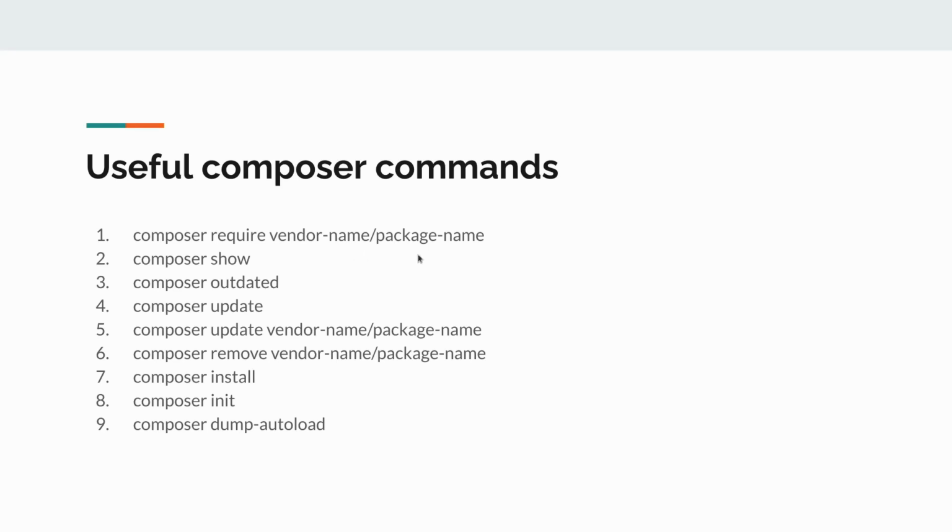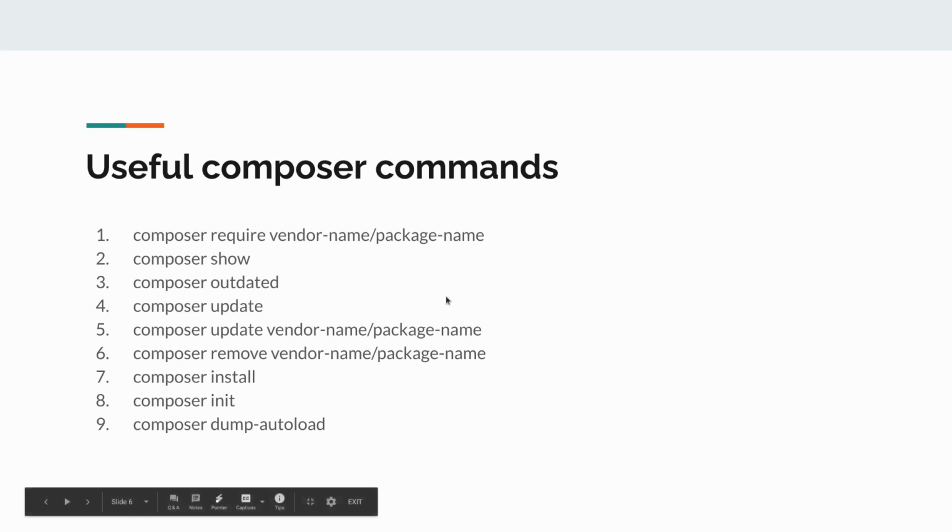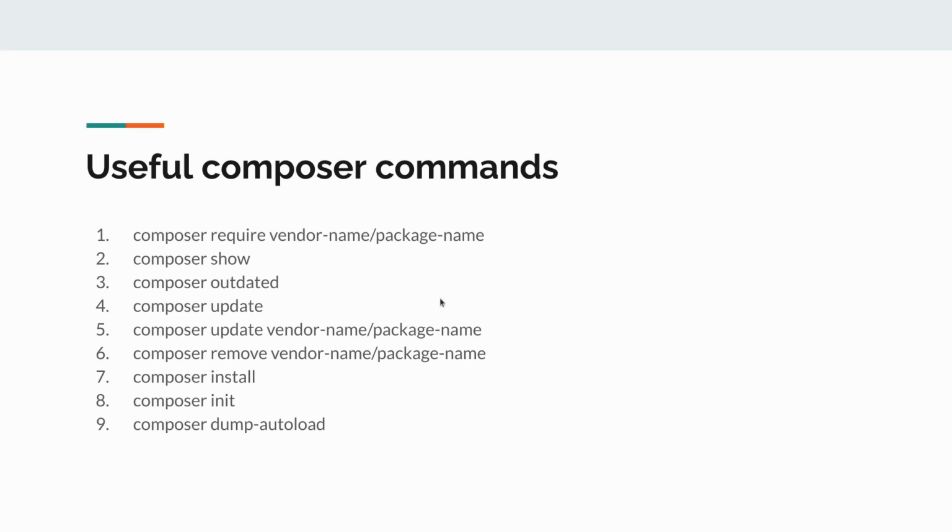This would generally be the convention for how you name your Composer packages. Composer show would show all the available Composer packages. Composer outdated, composer update. These are not all, but the key commands that you would frequently use on a project.